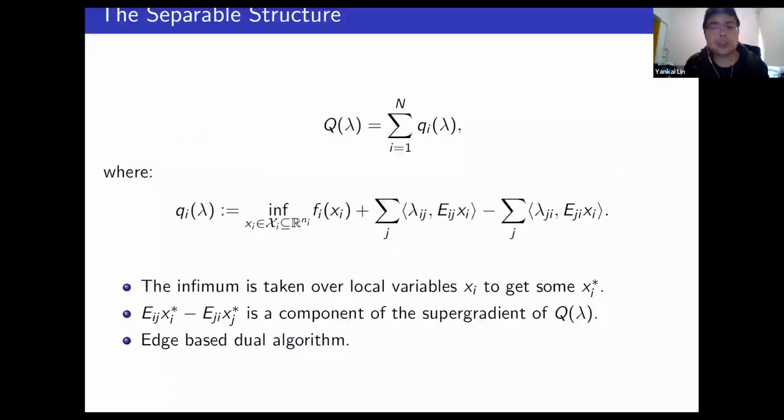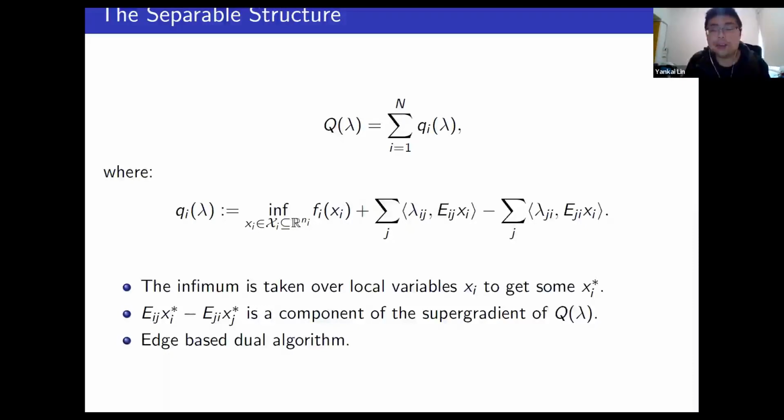So now, how are we going to derive our distributed algorithm? Note that we have a finite sum structure of the cost functions, which means that the corresponding Lagrangian or the dual function can also be written in a finite sum form. The idea is that we write this q_i(lambda), which is to be assigned to agent i, that only contains variables that agent i has, that is, variables xi.